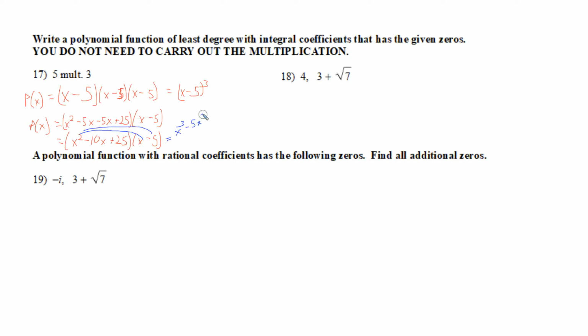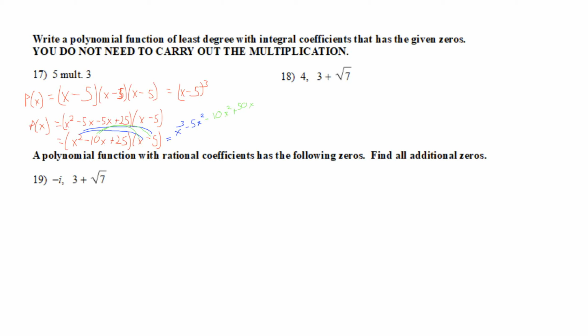Let's pick a different color for our next little thing here. Let's go green. Now we do negative 10x times x, negative 10x squared. And then negative 10x times negative 5 is plus 50x.